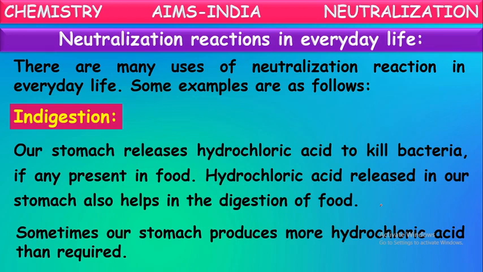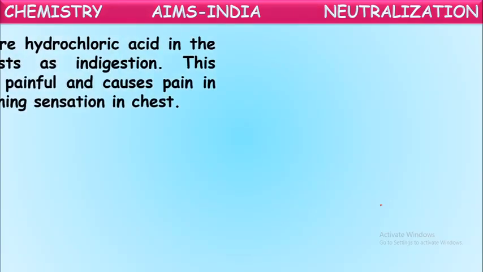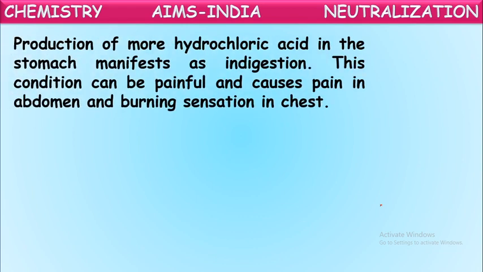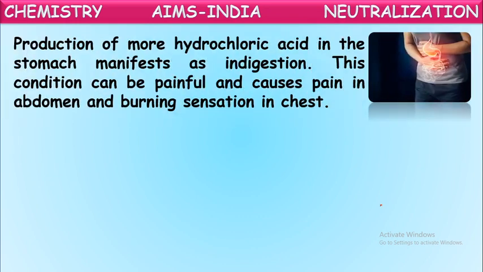But sometimes our stomach produces a little more hydrochloric acid than the required amount. So what happens then? The production of more hydrochloric acid in the stomach manifests as indigestion. Yes, this excess amount of hydrochloric acid causes indigestion in our stomach.